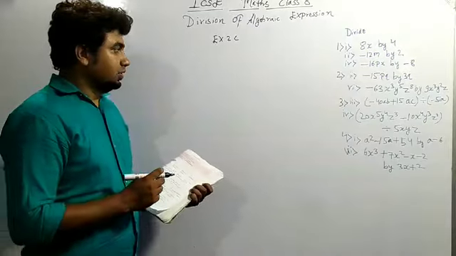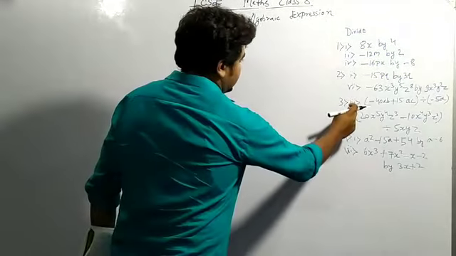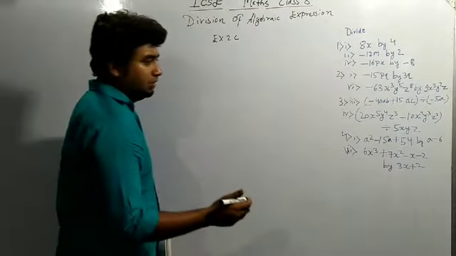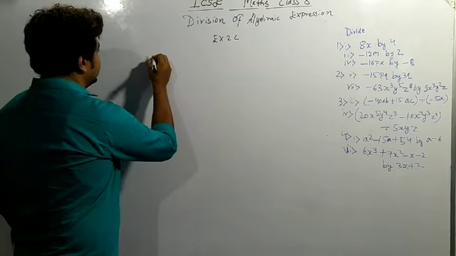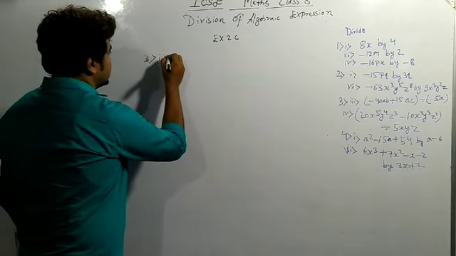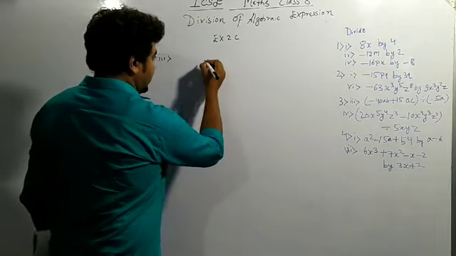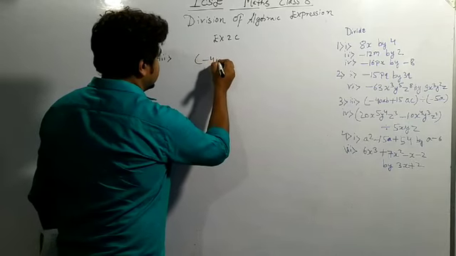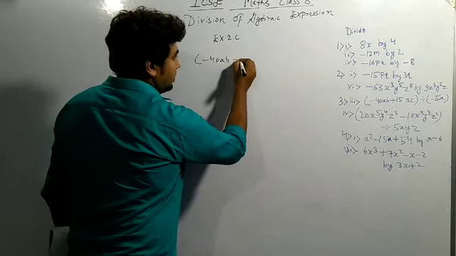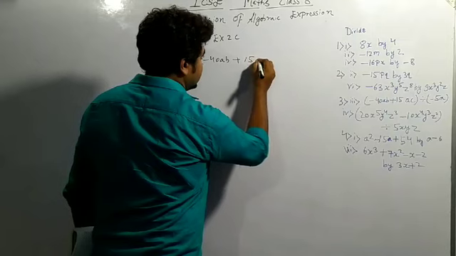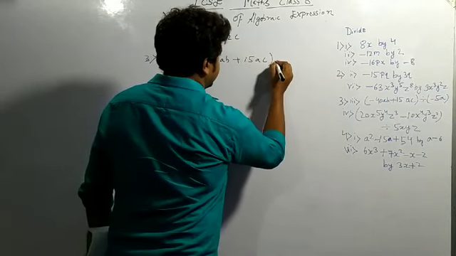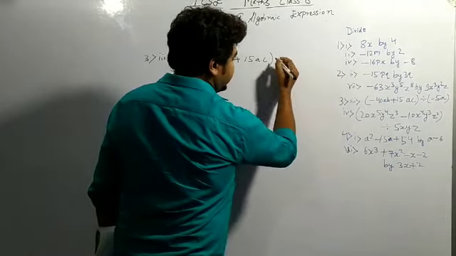Okay. So now we are going to solve 3 bit 3. In 3 bit 3, it is given minus 40ab plus 15ac divided by minus 5a.